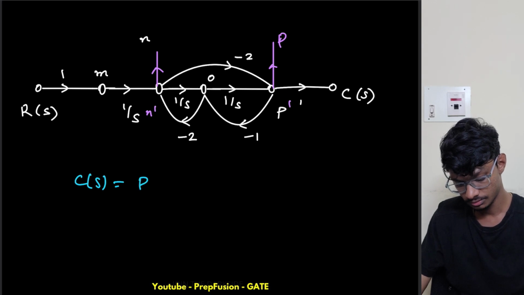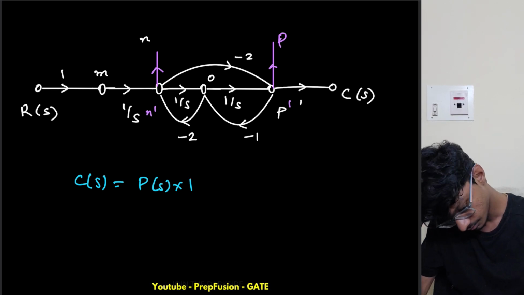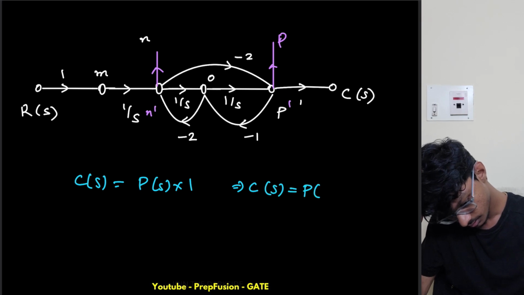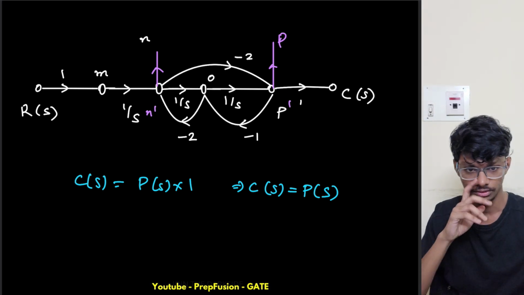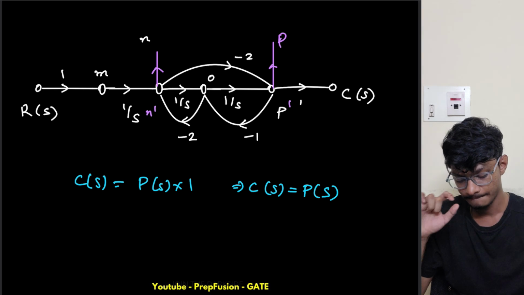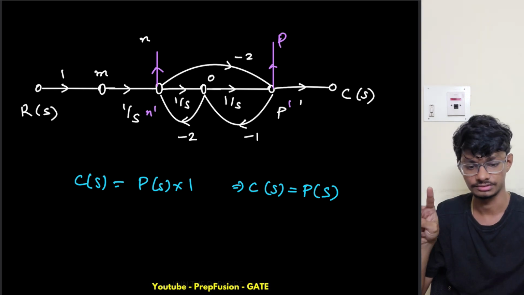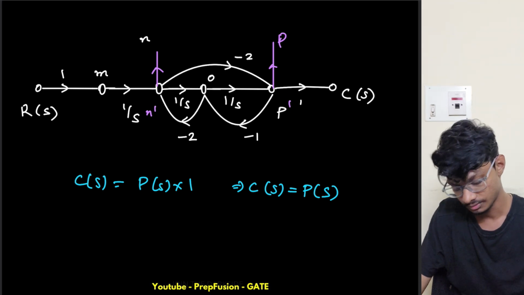C(s) equals P(s) times 1. So C(s) equals P(s). So one thing is fixed here. Now what is the next thing? I have to find two transformations. First one is basically C(s) upon R(s).